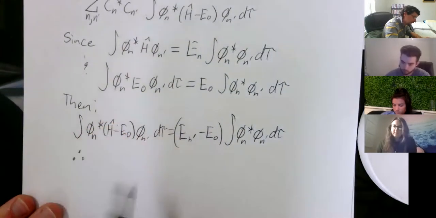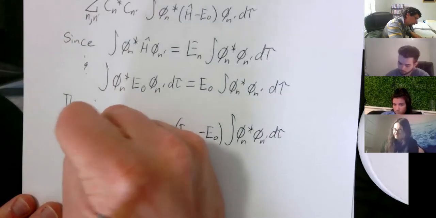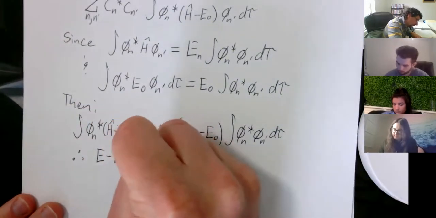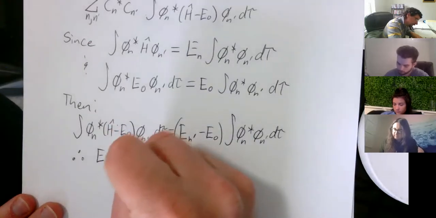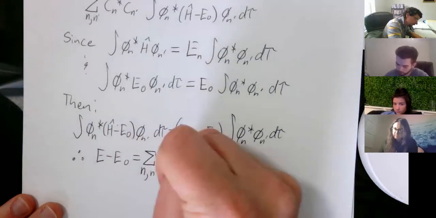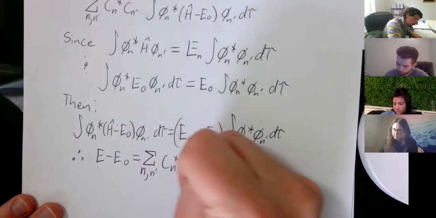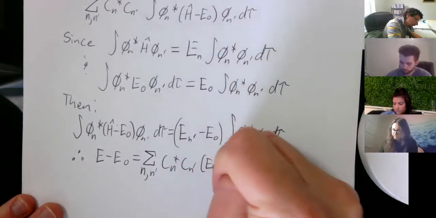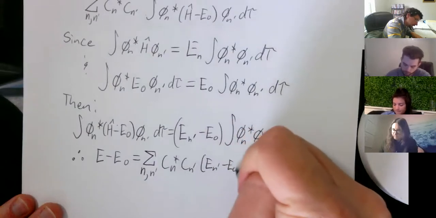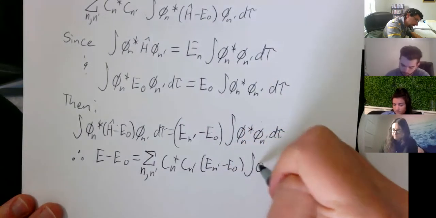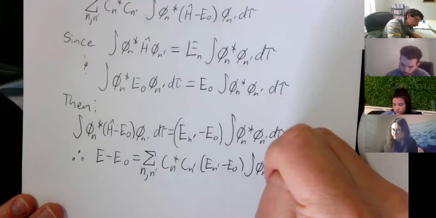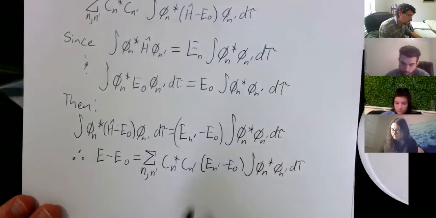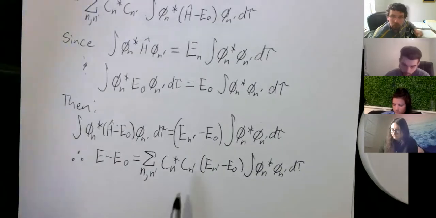And therefore, we can say, after doing some more manipulation, E minus E naught, or we can show that this is also true: n prime, Cn star, Cn prime, En naught, integral n prime d tau. So where did this expression come from?